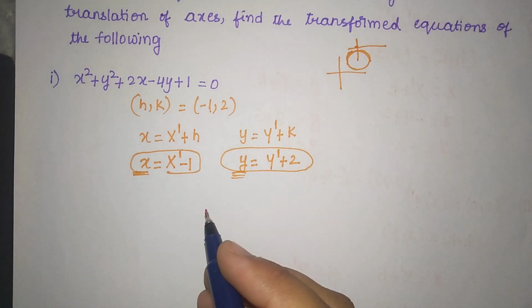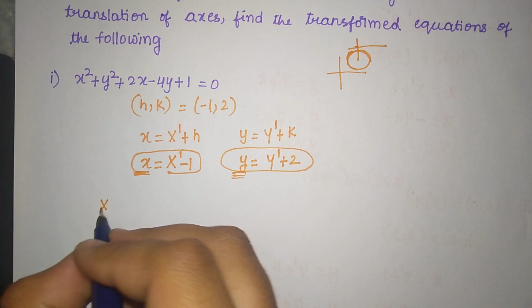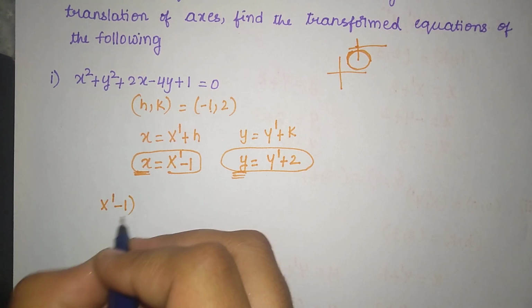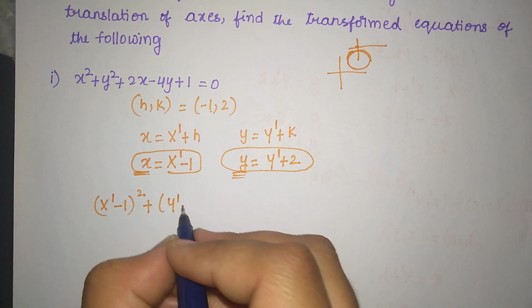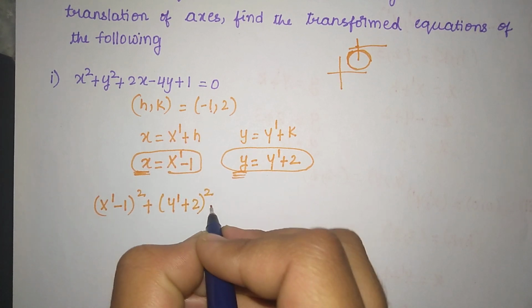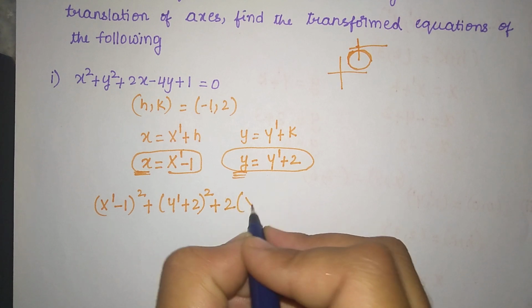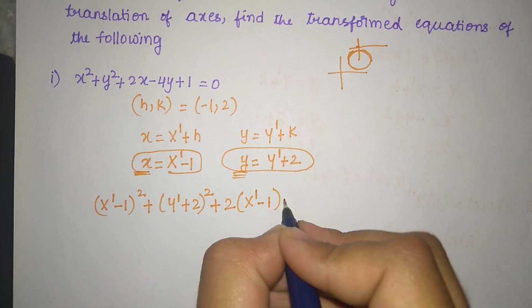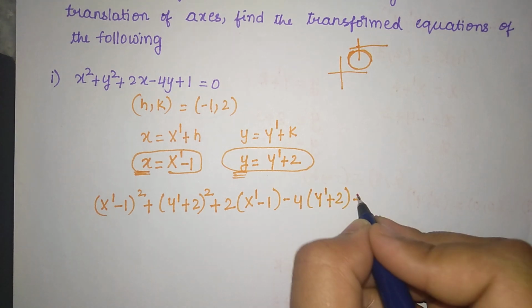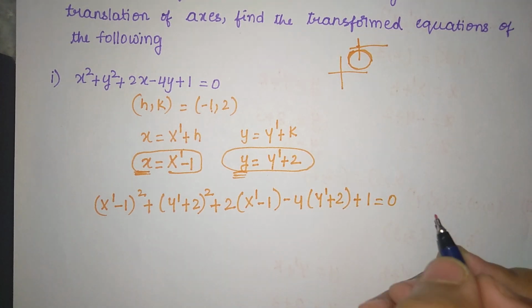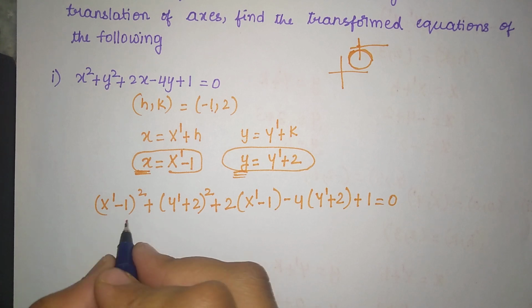Okay. Now substitute. Capital X dash minus 1 whole square plus capital Y dash plus 2 whole square plus 2 into capital X dash minus 1 minus 4 into capital Y dash plus 2 plus 1 is equal to 0. This is nothing but a minus b whole square.